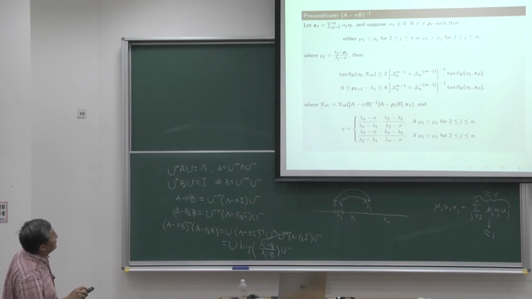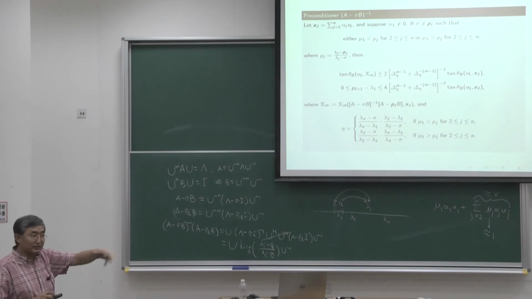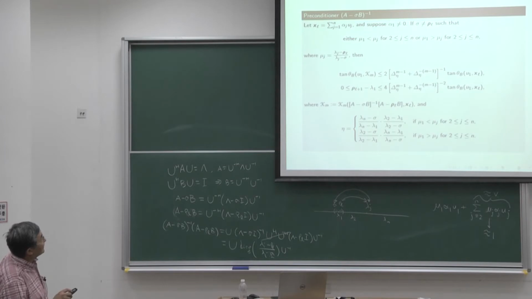Then you can prove that, if you start with the angle between XL and U1, which is the eigenvector we are looking for, in the B inner product, then multiplied by such a tiny number, it will be bounded by the angle of U1 to the Krylov subspace that we're expanding to. This is for the eigenvector.